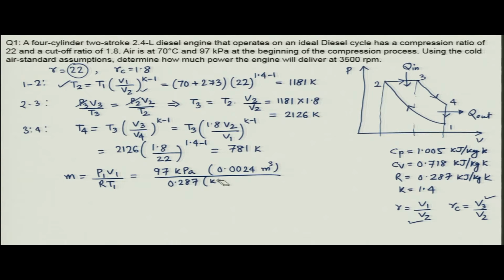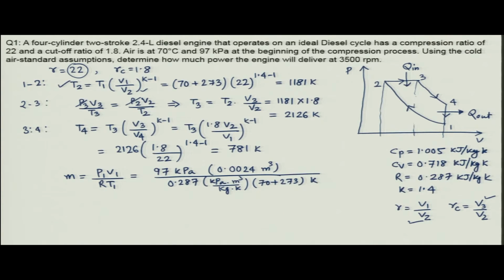Or I can write it as kilopascal meter cube per kg Kelvin, and temperature at the beginning of the stroke is 70 degree centigrade, which is 70 plus 273 Kelvin.